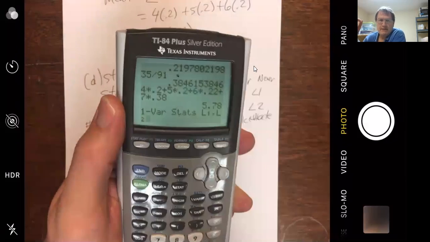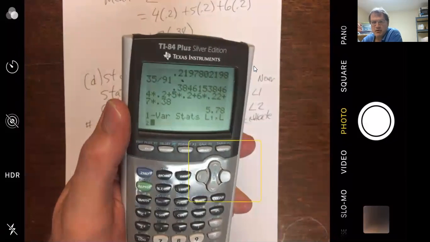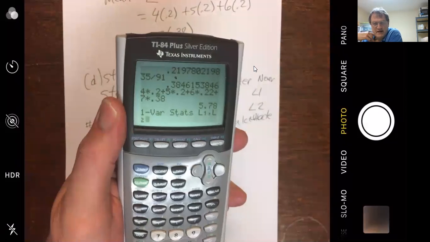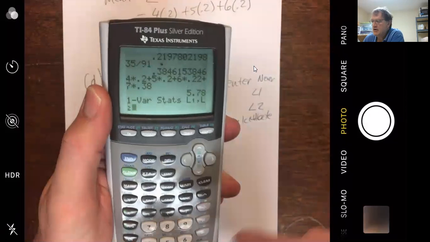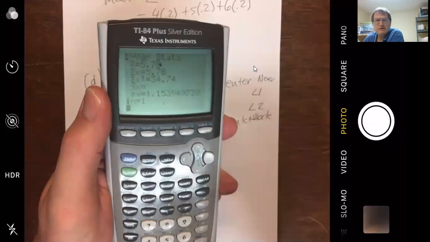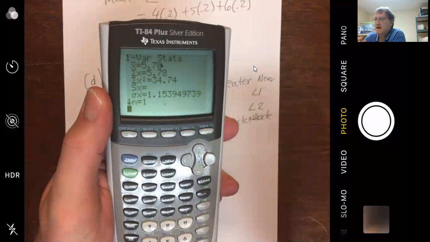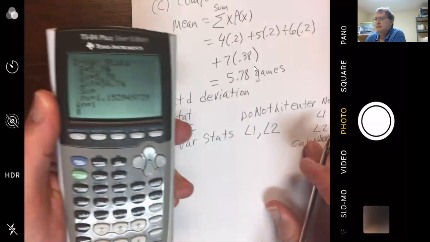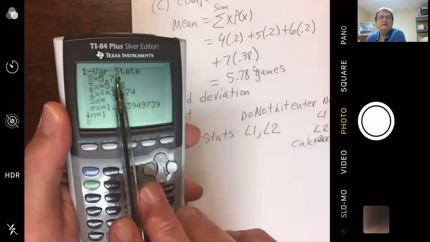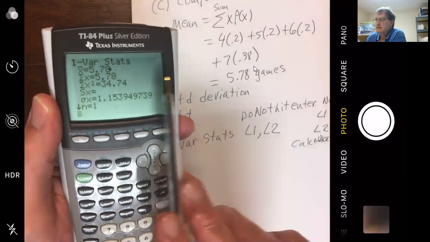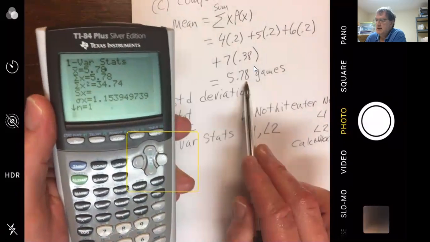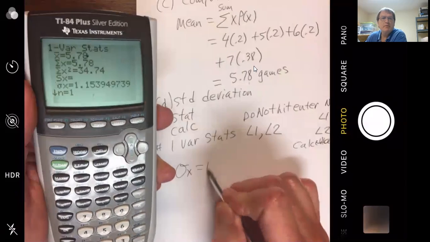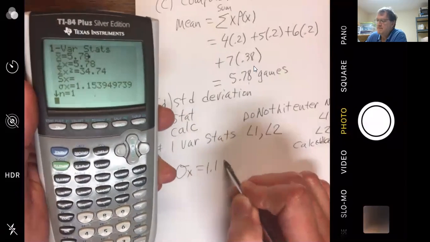You may be able to do this on separate rows, so see if you can puzzle that out and see if you get these numbers. There's my 5.78 for the mean. Mean comes up first at 5.78. And your standard deviation, labeled sigma x on this, is 1.154.